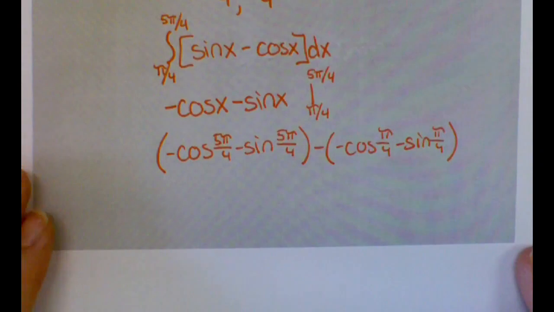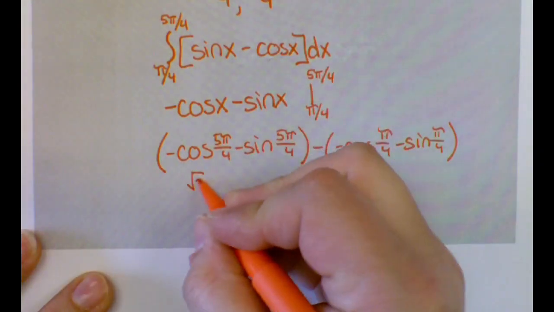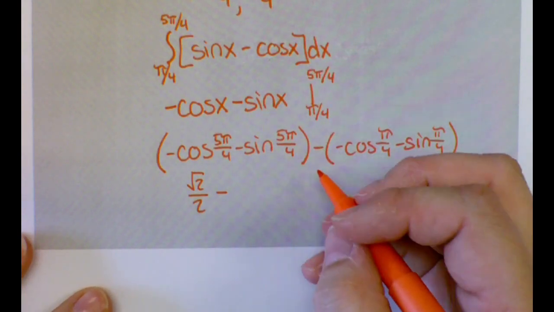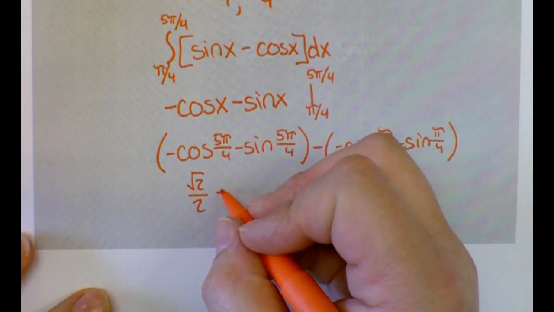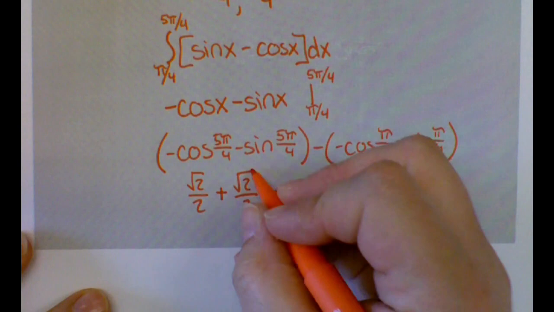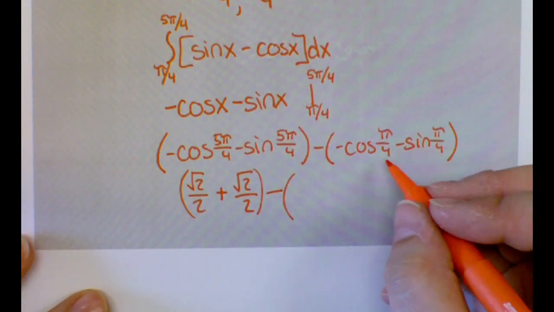All right. Cosine of 5 pi over 4 is negative square root 2 over 2. Stick a negative on the front, we have square root 2 over 2. Sine of 5 pi over 4 is negative square root 2 over 2. That makes it positive because of that minus in the front. Minus, hey look, it's going to be very similar.